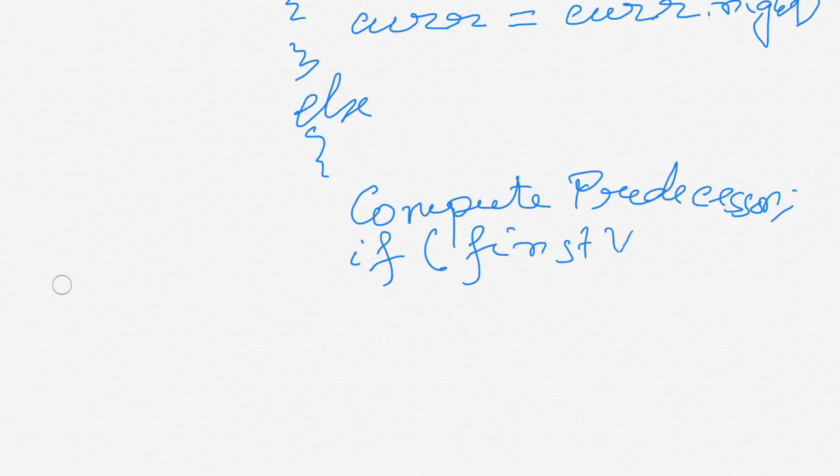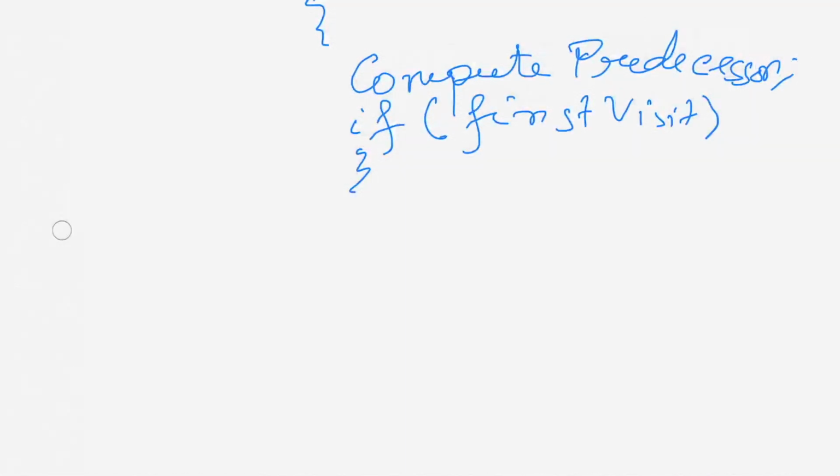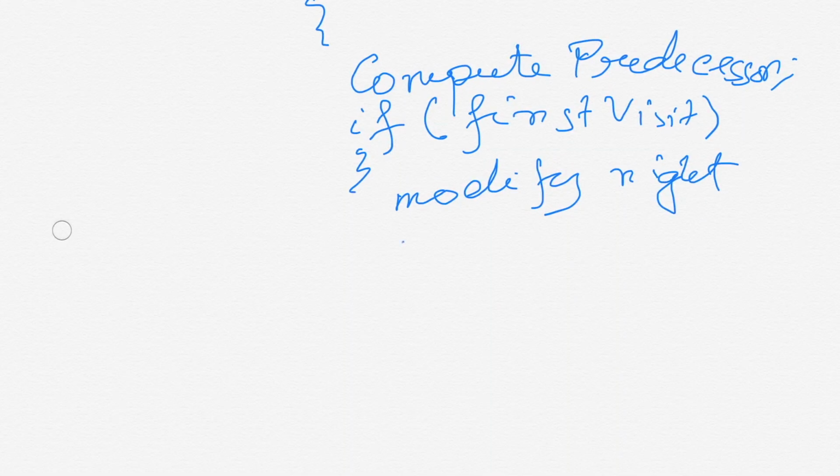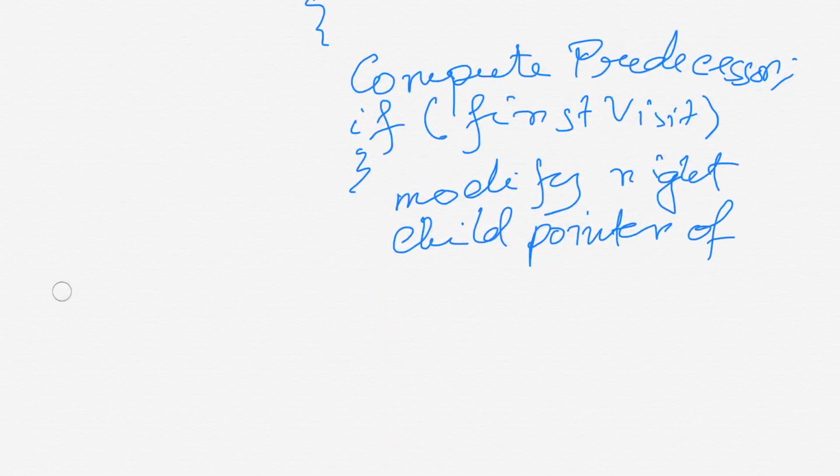So if it is the first visit, then just modify the right child pointer of the predecessor.